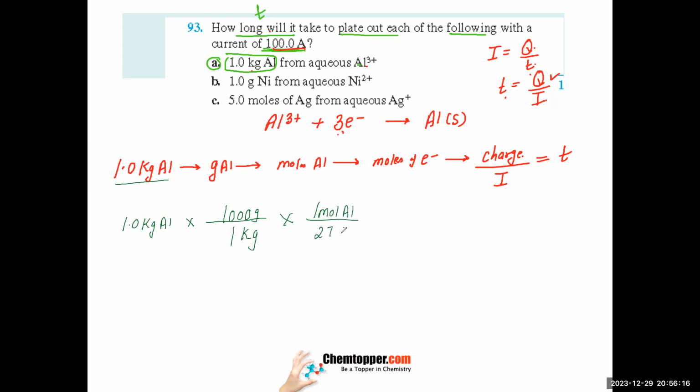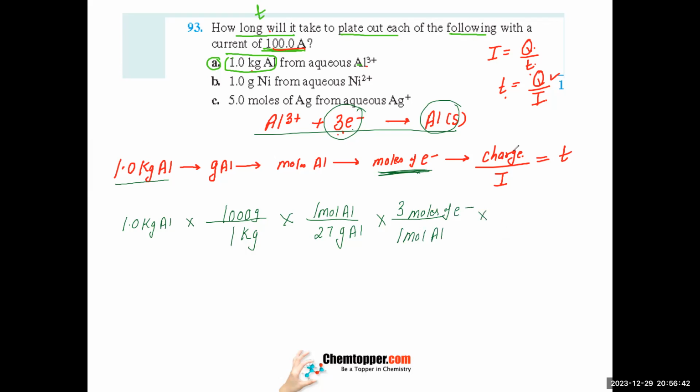I'm using the periodic table now. Convert that into moles of electrons. Now I'm looking at the equation. 1 mole of aluminum I'm getting from 3 moles of electrons. So I'll take 3 moles of electrons in the numerator because I want moles of electrons, over 1 mole of aluminum.